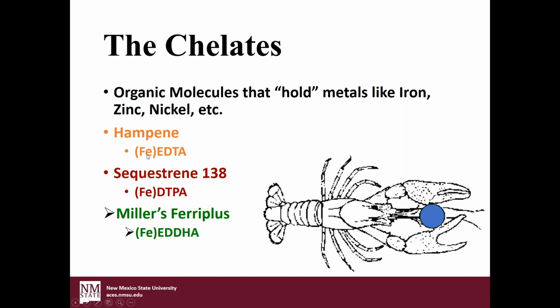So we have an EDTA, and there's a DTPA iron product, and there's an EDDHA chelate. The Miller's Ferra Plus, that's just a trade name for it, and it can be found in other names, but you're looking for this on the label, the EDDHA.